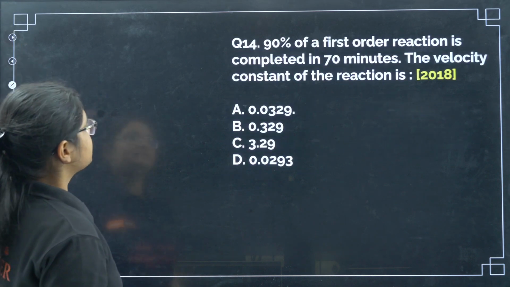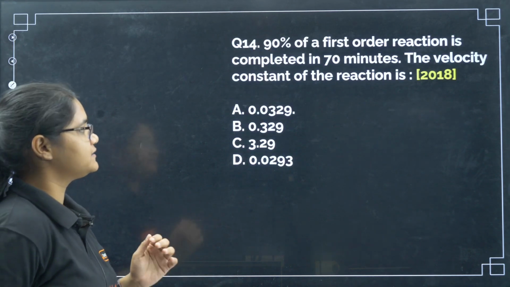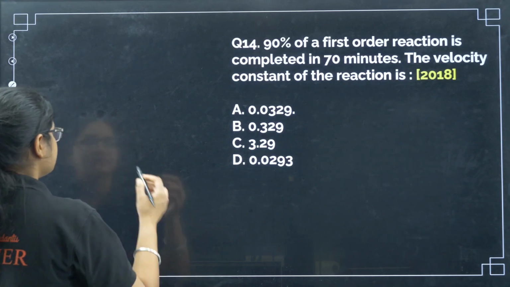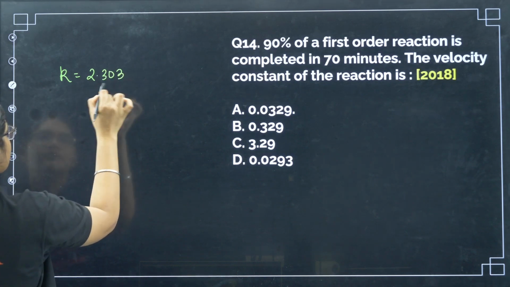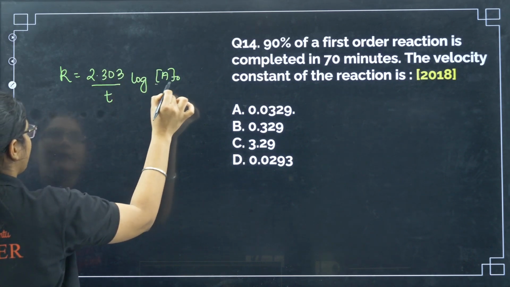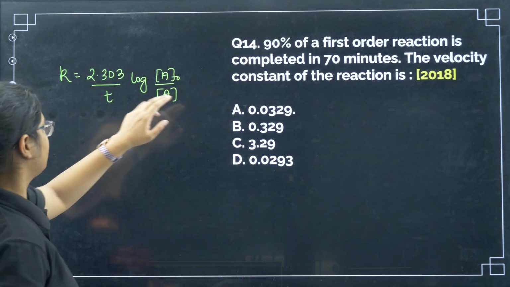Okay. Next, 90% of a first order reaction is completed in 70 minutes. The velocity constant of the reaction is... So it is a first order reaction. Directly, I can write the formula K equal to 2.303 by T log of A naught by A. Right? So I have to calculate the velocity constant.